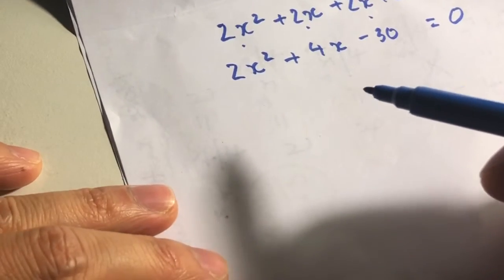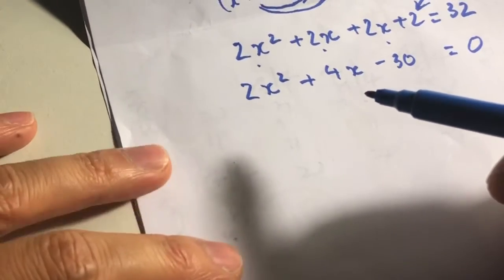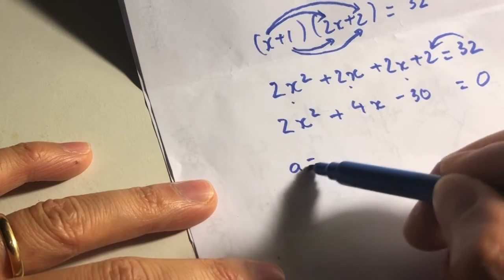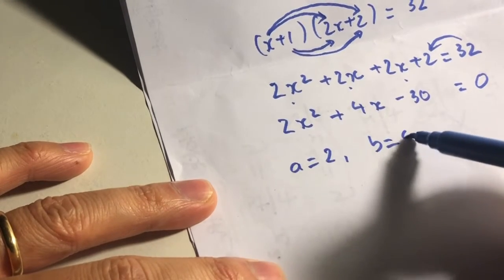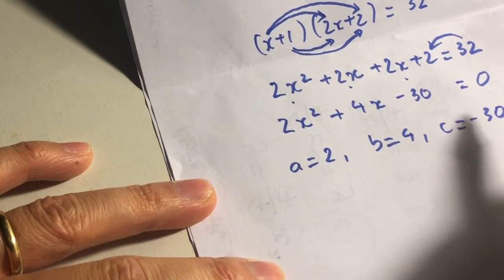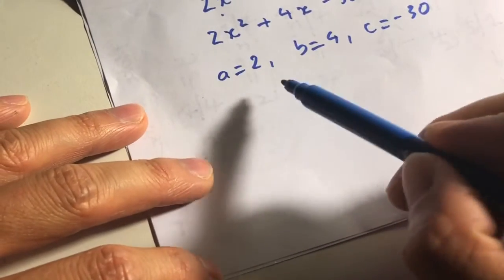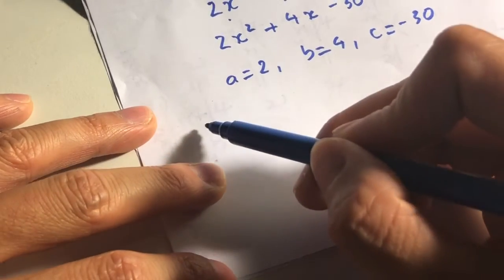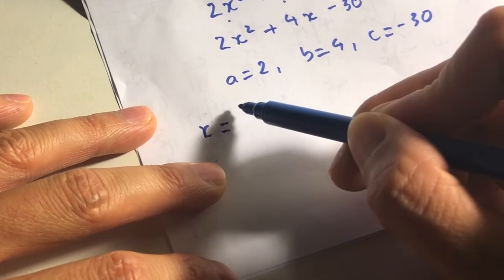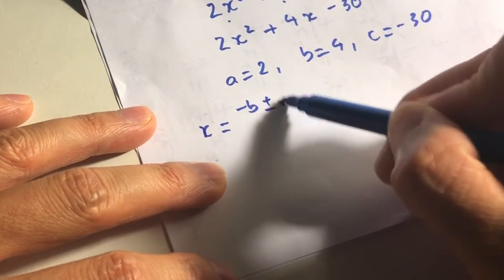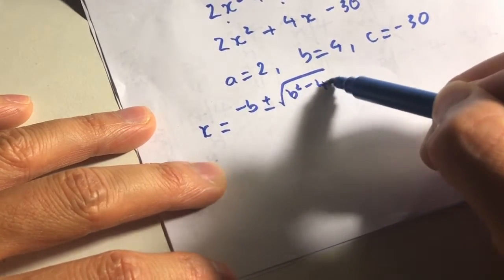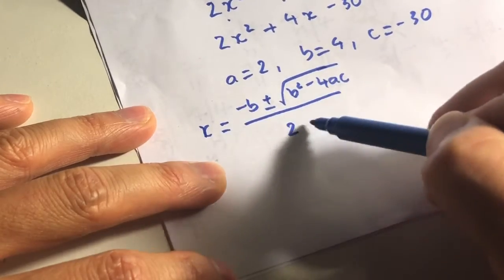So a will be 2, b will be 4, and c will be minus 30. You write down a, b, c first. Then make sure you write the formula as well: x equals minus b plus or minus the square root of b squared minus 4ac, over 2a.